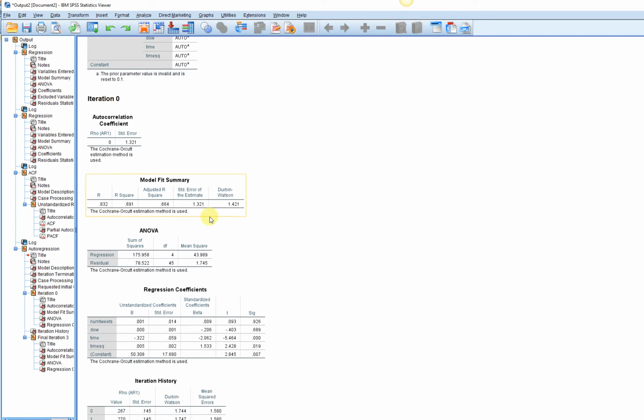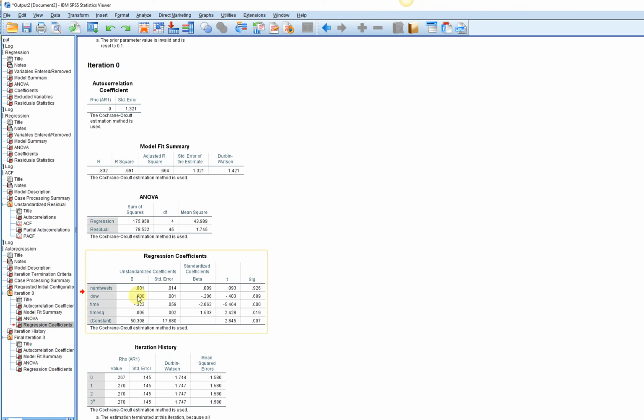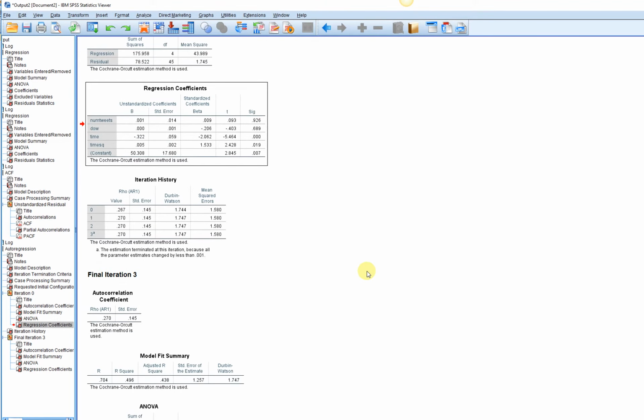You'll notice that we've got ANOVA results, and then down here the regression coefficients and the standard errors, everything is exactly the same as what we ran previously. Scrolling down, you'll see we have the iteration history, and these are essentially cycles through the solution, and once things stabilize, the cycling stops.